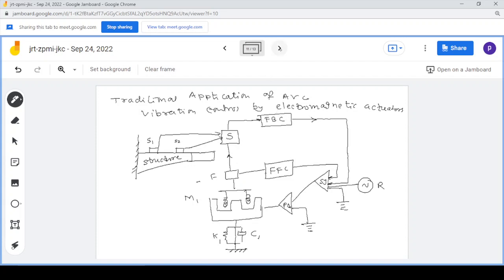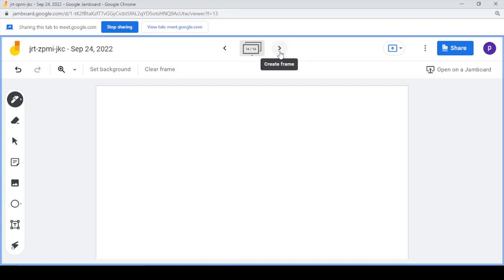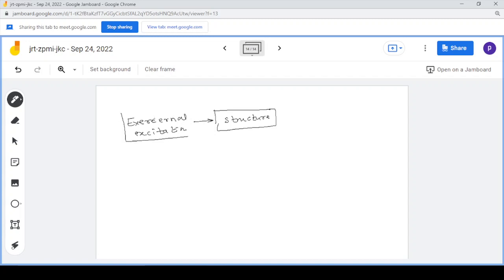so let us understand it by using a block diagram. So let us say we have a structure at the center. Then we have the external excitation, which is being transferred to the structure.